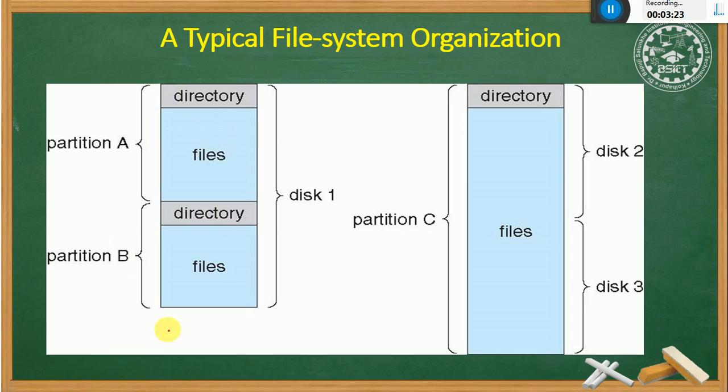If this is your hard disk, it is subdivided into partitions, and a partition may contain directories and files. So it is disk 1, and disk 2 may have a single partition. A single partition may contain some data from disk 2 or disk 3, so it might be a combination of two physical disks.